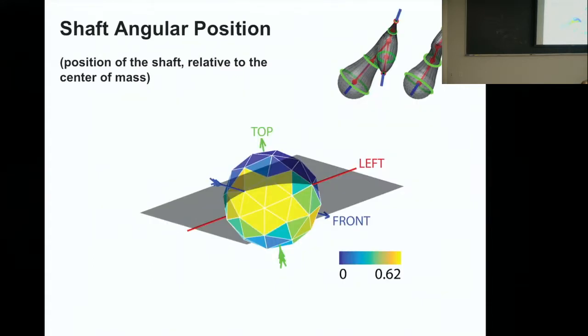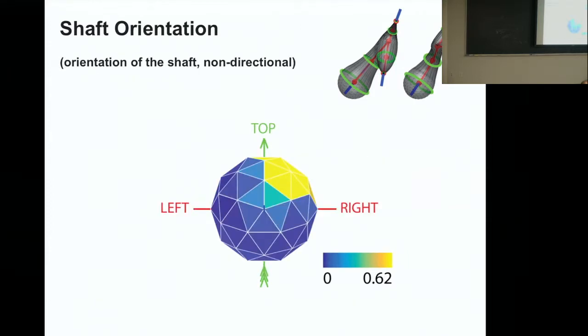So for shafts, the position is again behind and to the left, and shaft orientation, which doesn't have a directionality, so it's only a hemispherical surface, is up here. So that really corresponds to the same thing that we saw for this termination. It's just that this is sort of the other end of a line going through the center of the sphere.